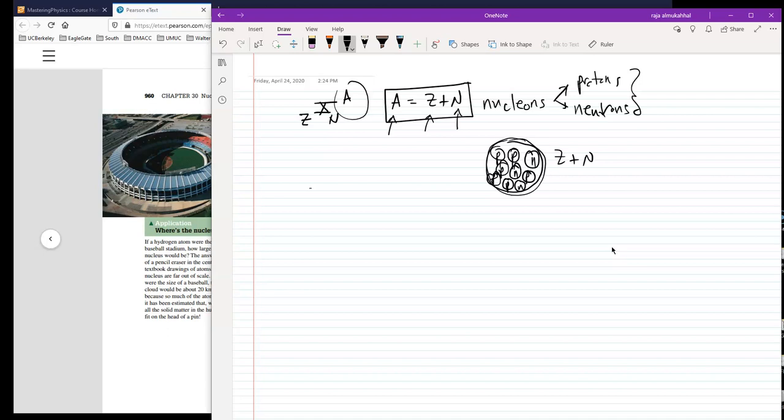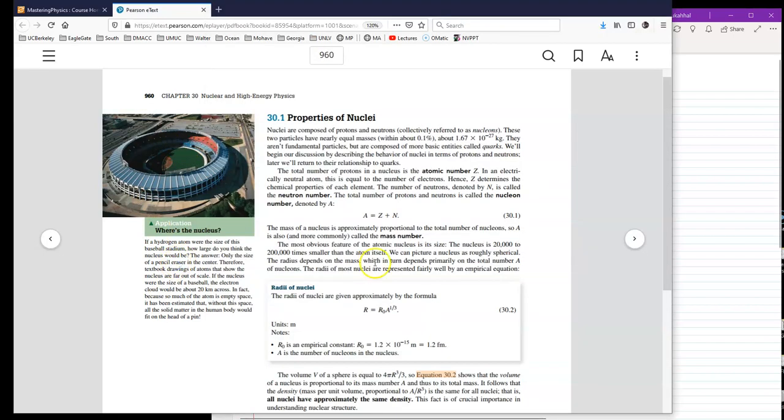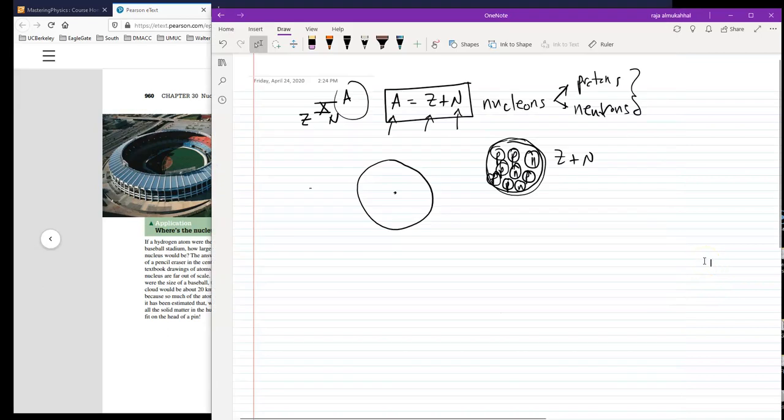Anyway, let's say I have any nucleus, and we have an empirical formula. It is right there, this one right here. This formula allows you to measure the approximate radius, not an exact radius, of the nucleus.